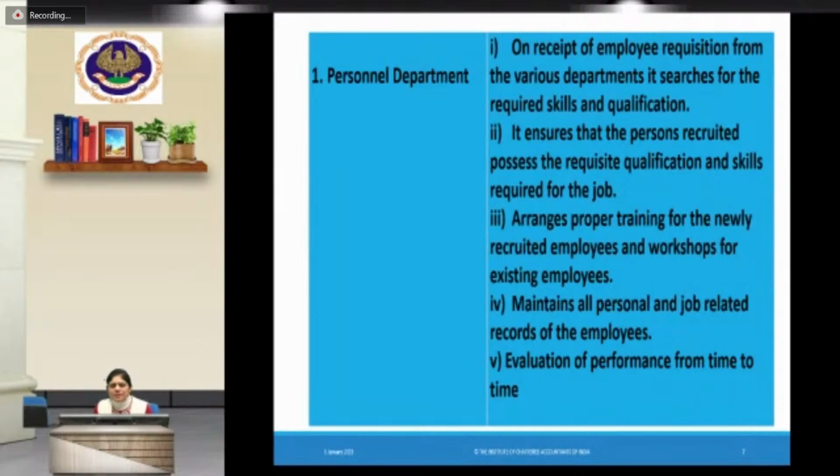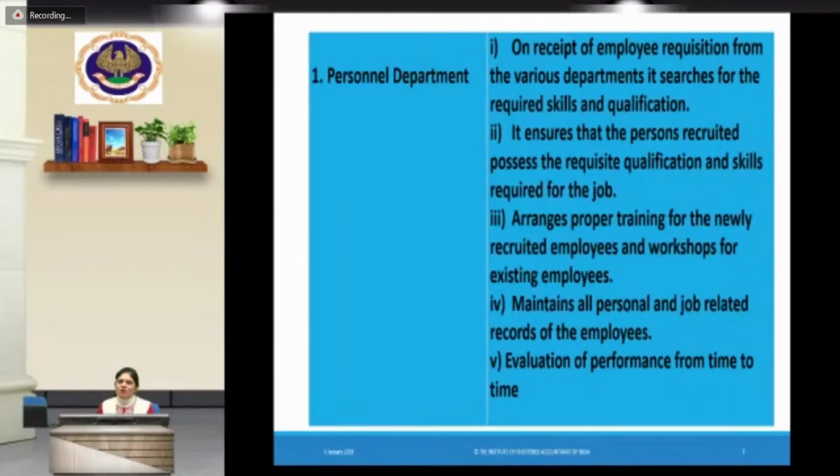It maintains all personal and job related records of the employees. So the personnel department has a record of every employee, all right? The date of joining, the name, the history, the background, every sort of characteristic. It's a full record of the employee. Then there is evaluation of performance from time to time.